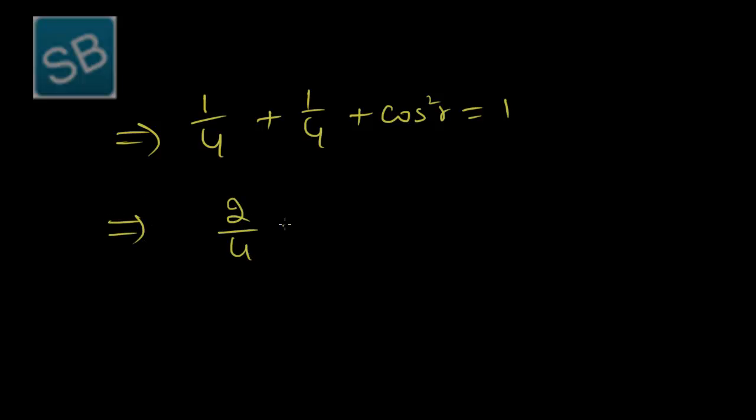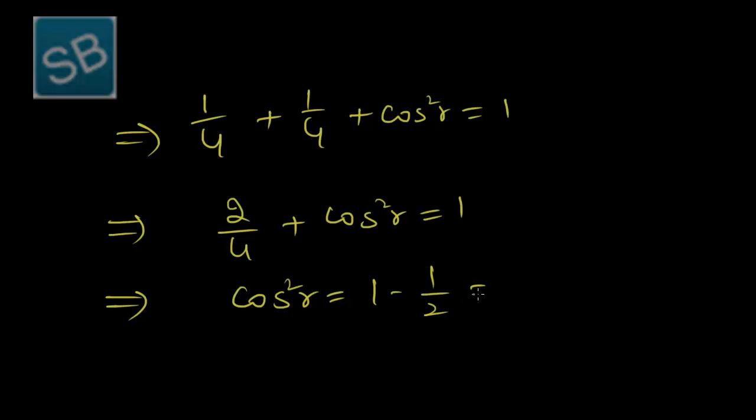So we get 1 by 4 plus 1 by 4 plus cos squared gamma is equal to 1. That implies 2 by 4 plus cos squared gamma is equal to 1. That implies cos squared gamma is equal to 1 minus half, that is half.